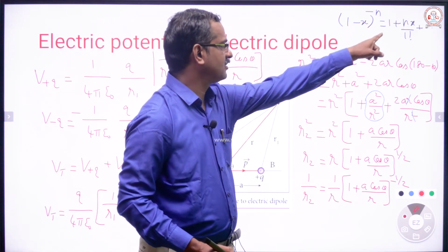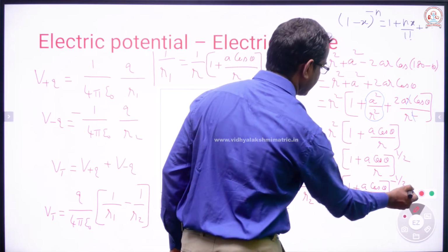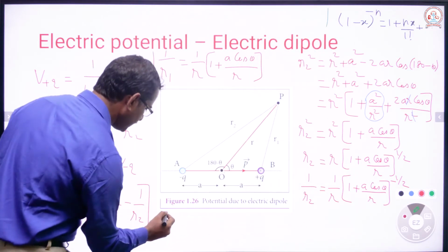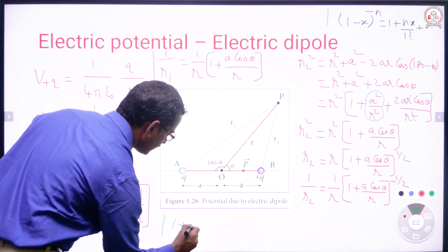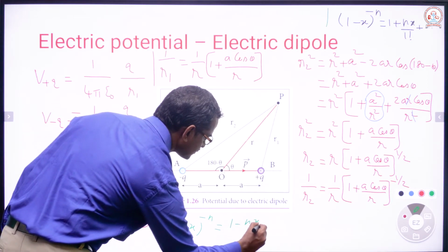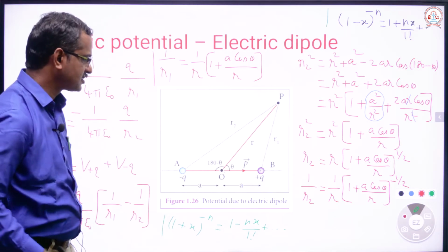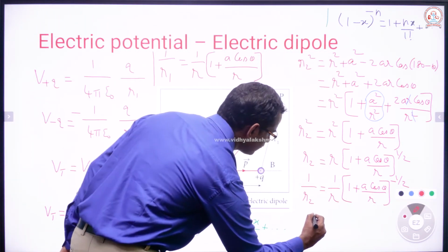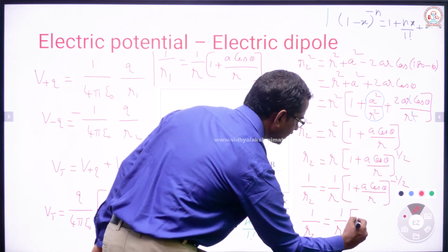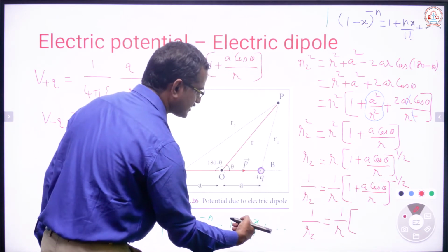1 minus x power minus n equals 1 plus nx by 1 factorial, isn't it? The same way, let me write here: 1 plus x power minus n, by the binomial theorem, we get 1 minus nx by 1 factorial plus etc. Taking the first two terms only for calculation convenience, this can be written as 1 by r2 is equal to 1 divided by r into, minus 1 by 2 power comes in, x is 2a cos theta.